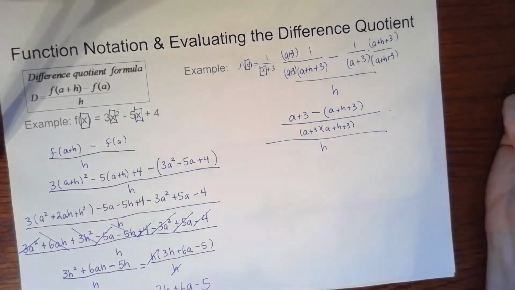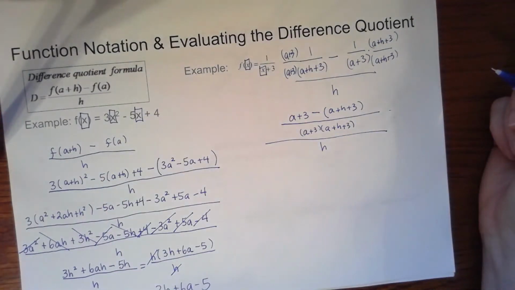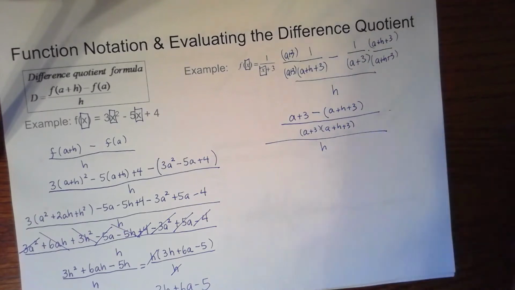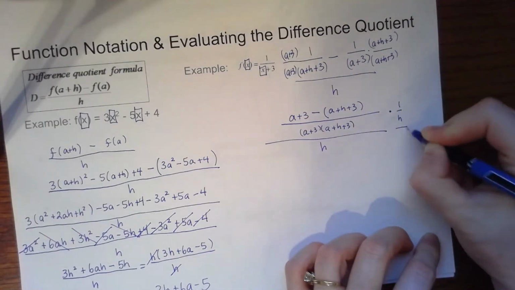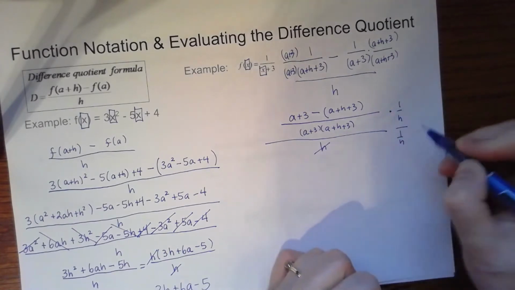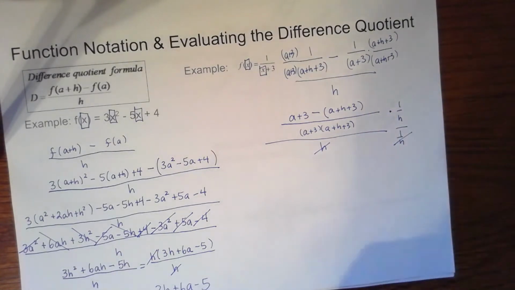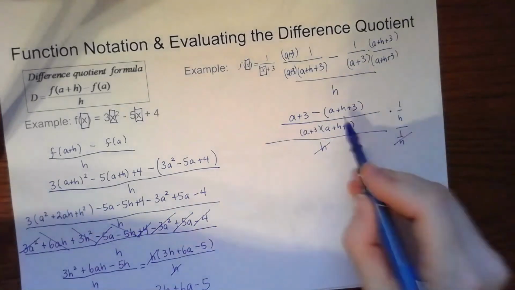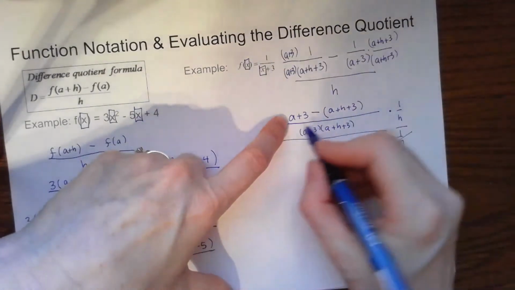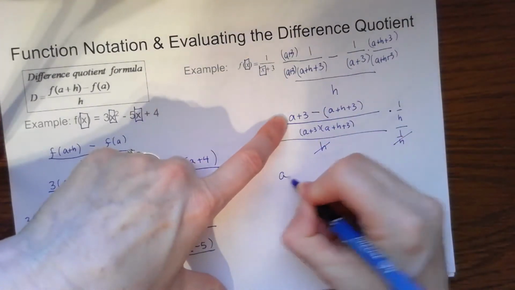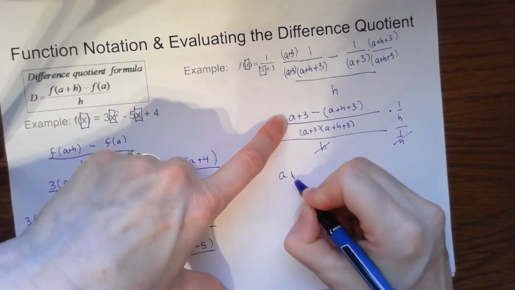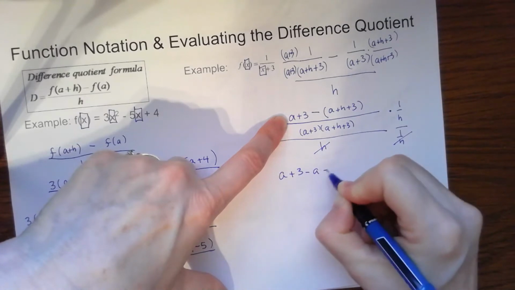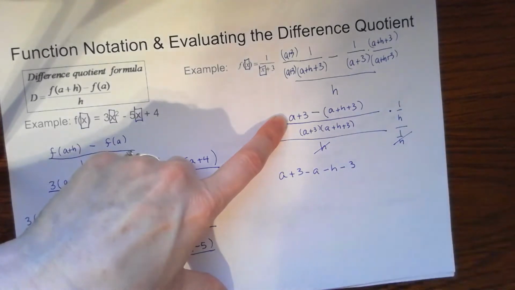Okay, so if I want to get rid of this complex fraction, I can multiply everything by 1 over h over 1 over h. I'll cancel those out. Okay, so in my numerator up here, I've got a, and then it'll be minus a. Well, let me just write it out. So minus a minus h minus 3.